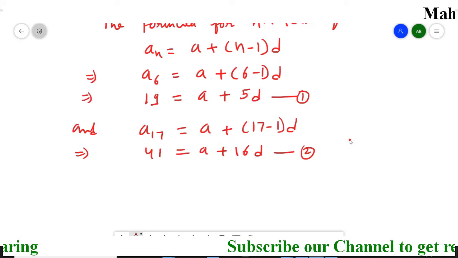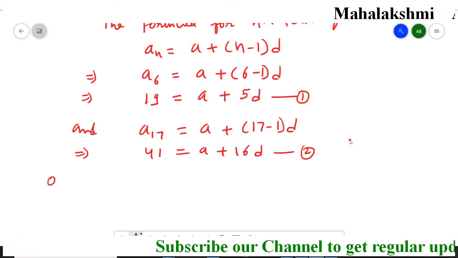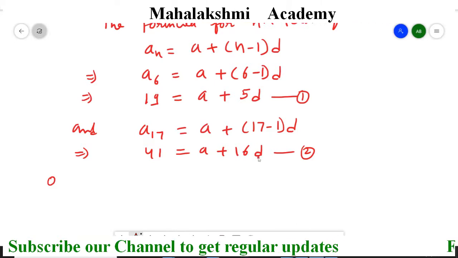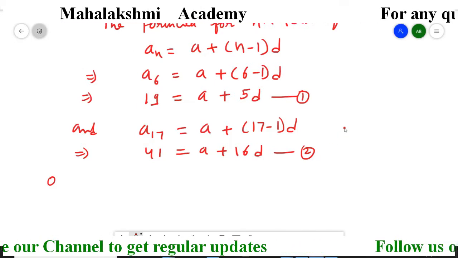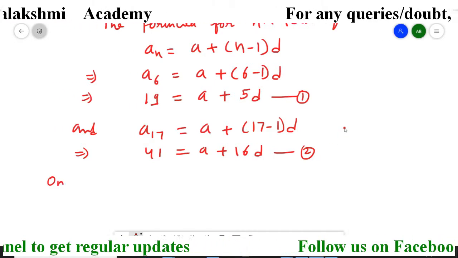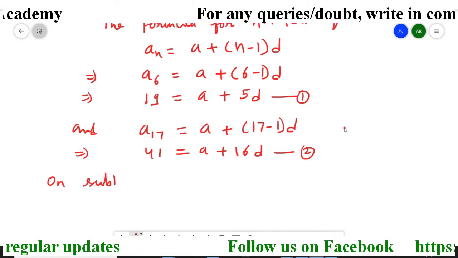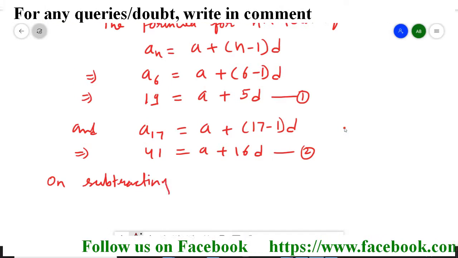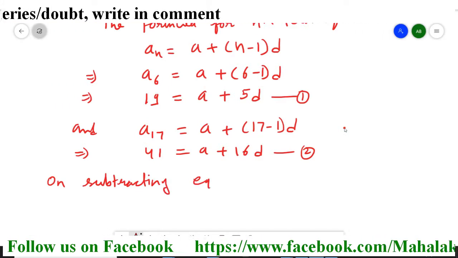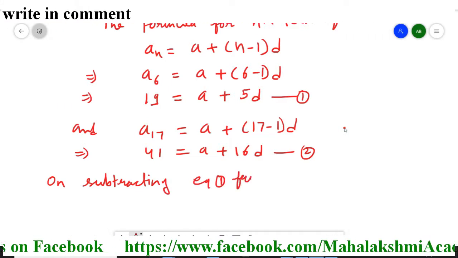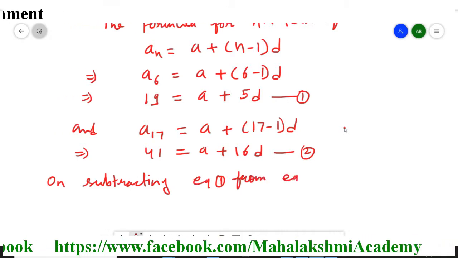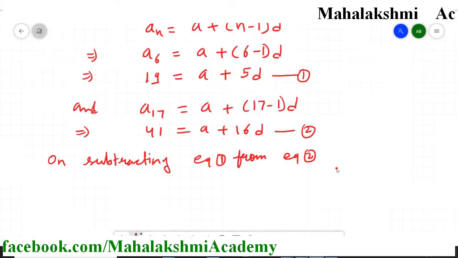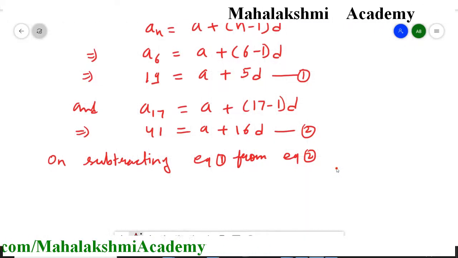Now we'll subtract them. It's on your choice, you can subtract equation 2 from 1 or 1 from 2. So we'll write, on subtracting equation 1 from equation 2, first we'll write down equation 2 and under that equation 1.